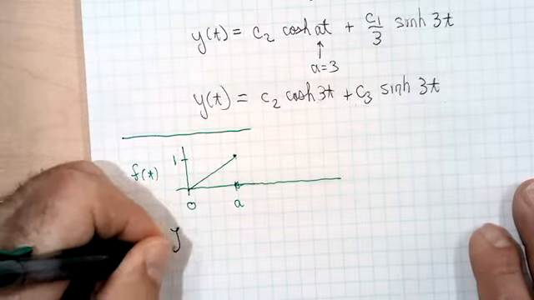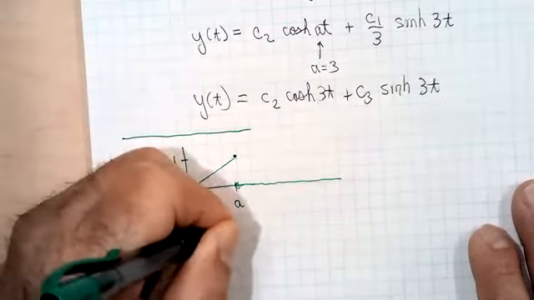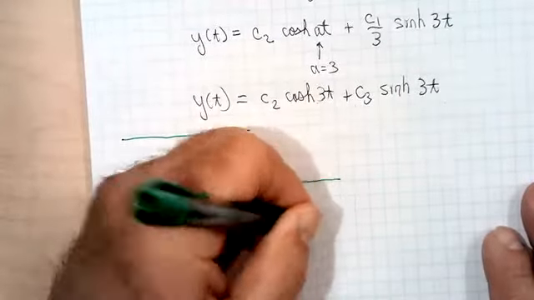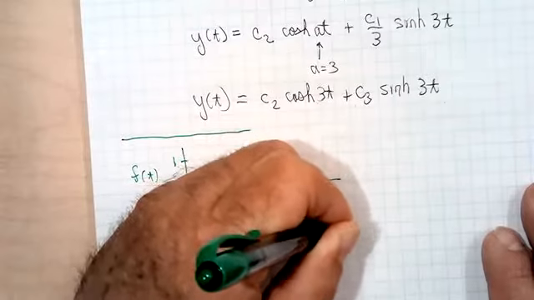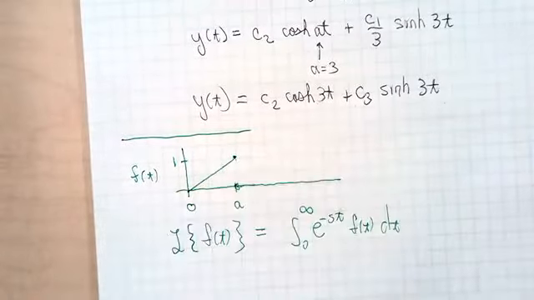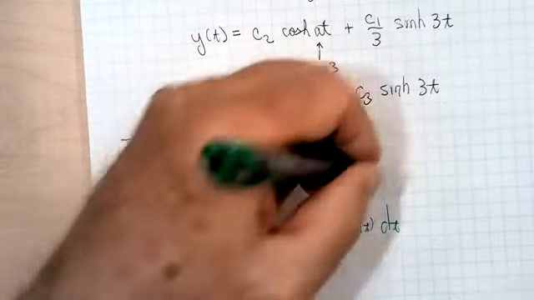So how do you transform this? Well, it's straightforward, actually. What you do is you write a piecewise formula.